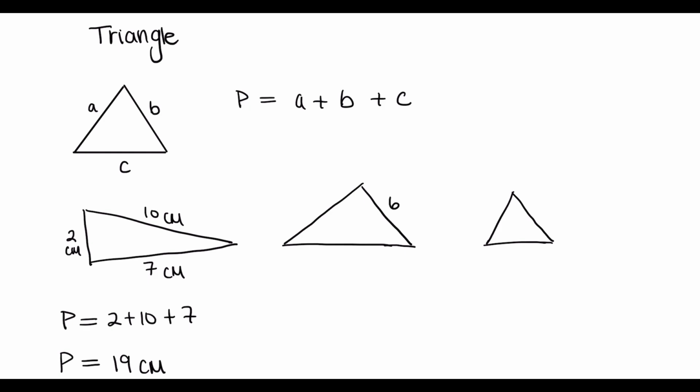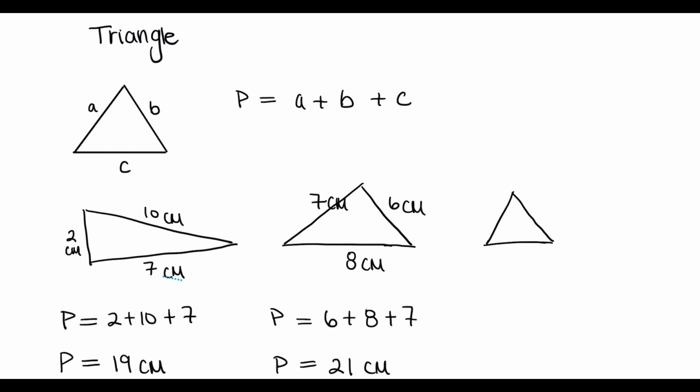Let's do this one. Let's say this is 6, this is 8, and this is 7. And the perimeter is equal to 6 plus 8 plus 7. So the perimeter equals 21 centimeters.